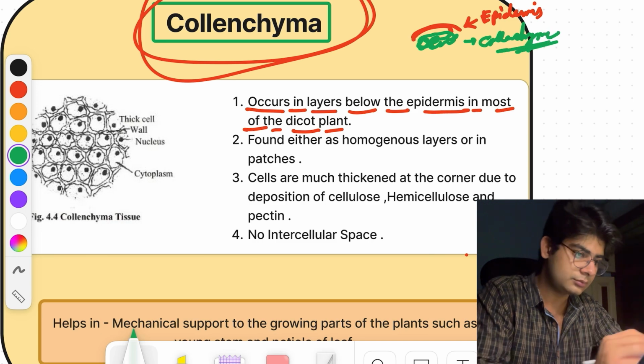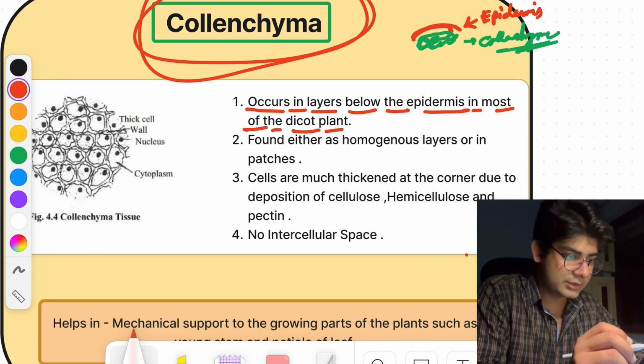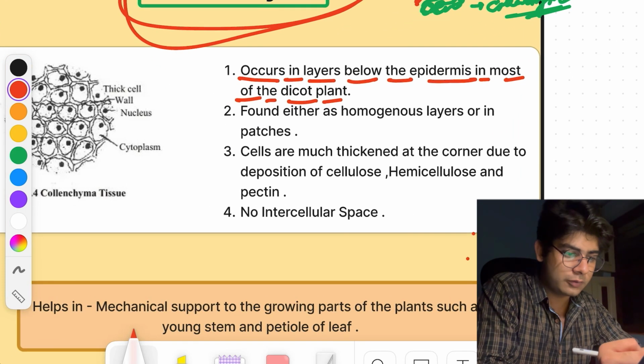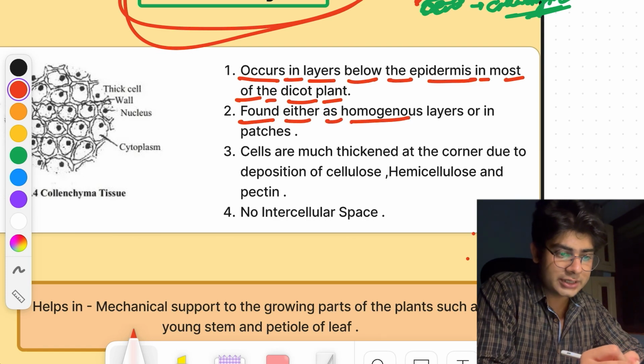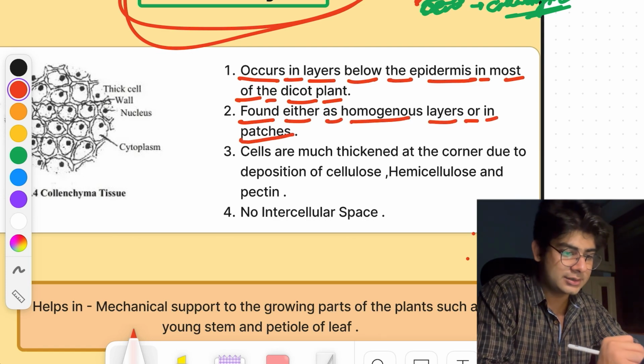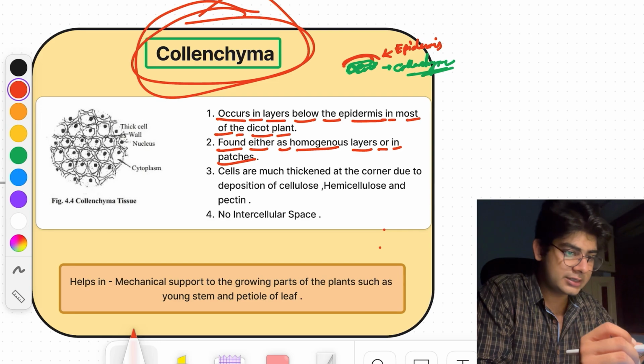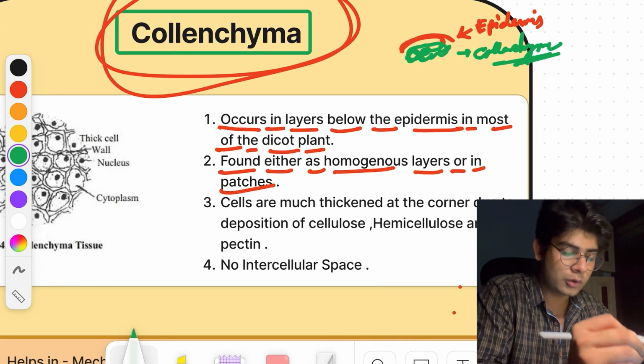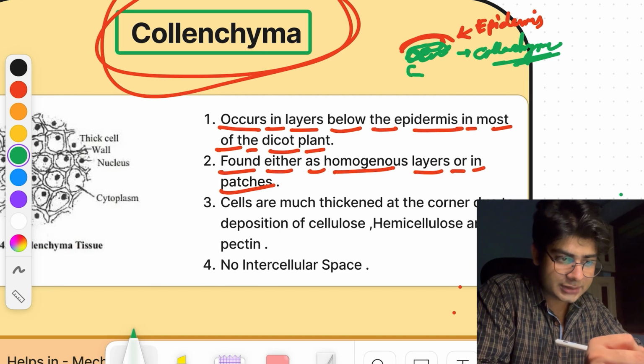This collenchymatous tissue found either as homogeneous layers or in patches. So these cells of Collenchyma might be a homogeneous layers like this, or it might be present as patches like this.